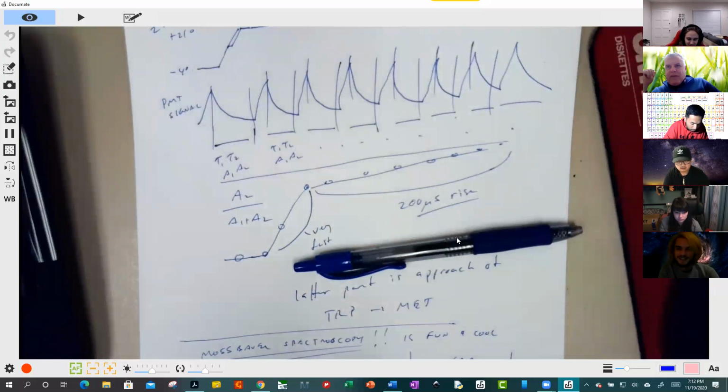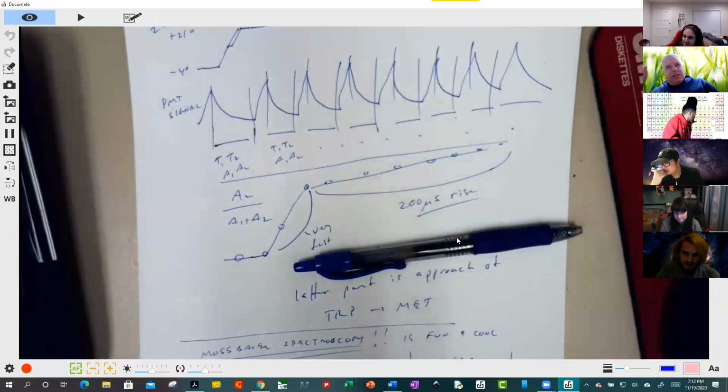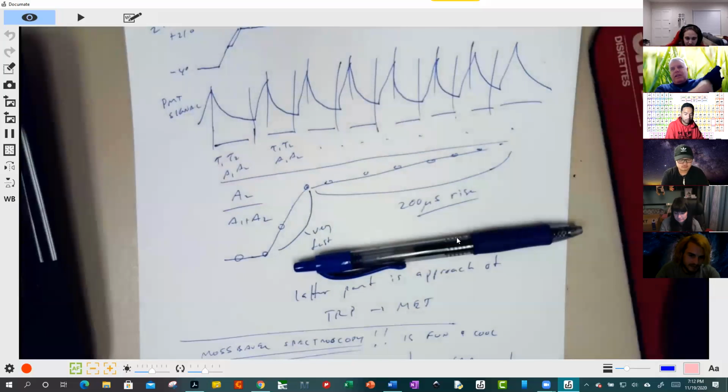With iron 57, you can measure the magnetic fields, the s orbital populations, and other stuff about the coordination environment of the iron centers.